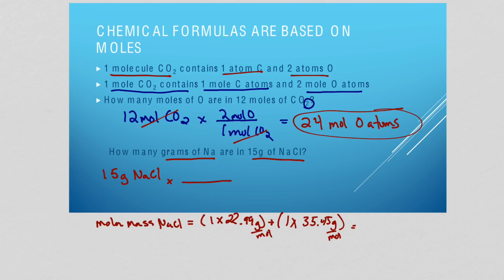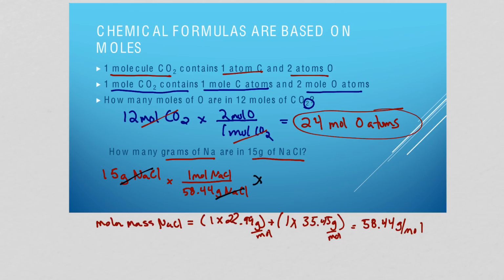And so if I do all that, I get 58.44 grams per mole. And so, if I know that every 1 mole of sodium chloride is 58.44 grams of sodium chloride, my grams of sodium chloride cancel out. And if I were to solve this, I would get moles of sodium chloride.